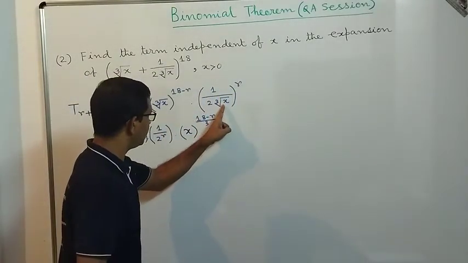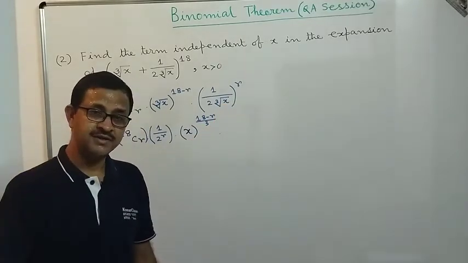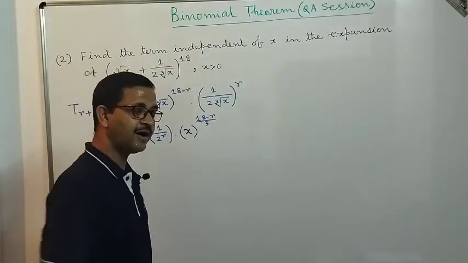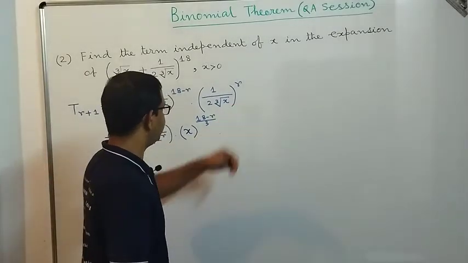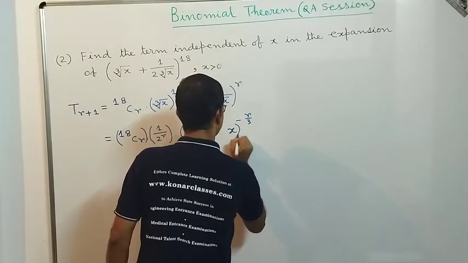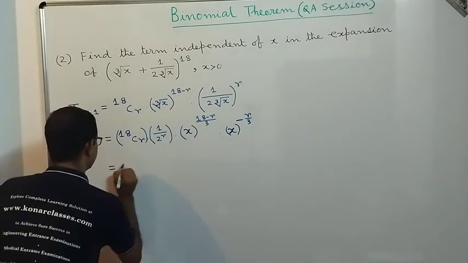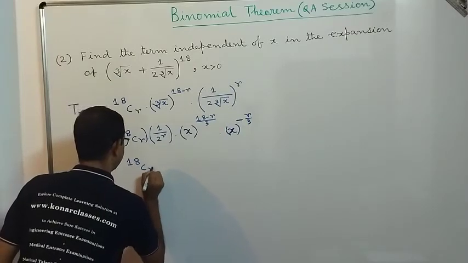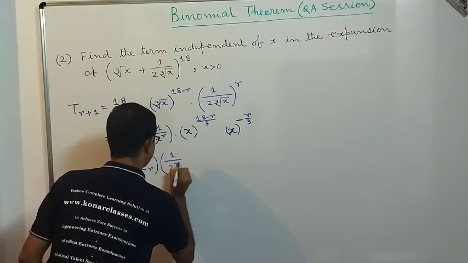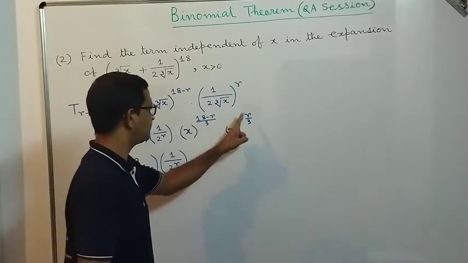Here 1 by (cube root of x)^r means 1 by (x^(1/3))^r, that means 1 by x to the power r by 3. And that 1 by x to the power r by 3, if we make it into the numerator, will become x to the power minus r by 3. Correct, dear students? Okay, so now this is equal to 18Cr into 1 by 2 to the power r into x to the power (18-r)/3 minus r/3.